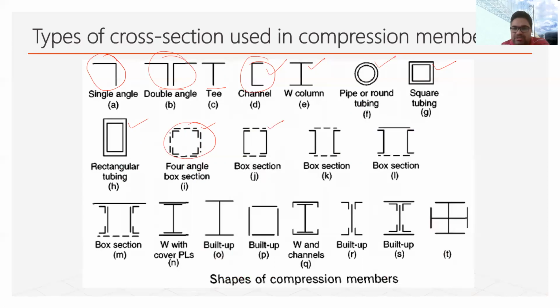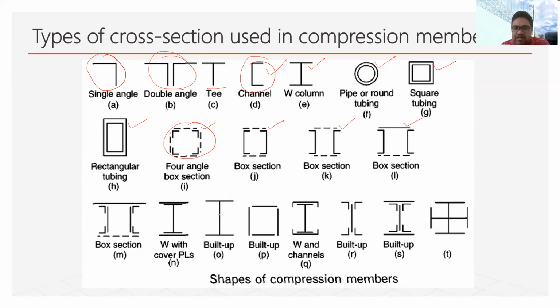In this case, you can see the section is composed of two channel sections. This again is composed of two channel sections. This one again. So different configurations can be made, depending on the magnitude of the load that we have to support. Based on different configurations, we can compose sections with two or more sections.